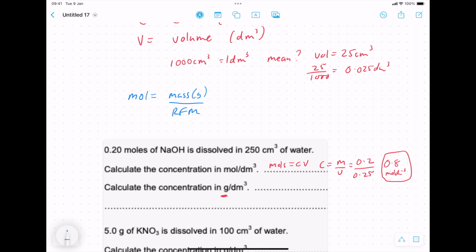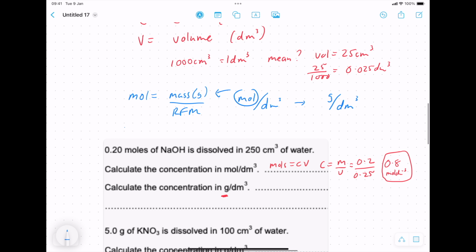So if I want to turn moles per decimeter cubed into grams per decimeter cubed, I just need to change this bit, and I change this bit using that formula. Rearranging gives me mass equals moles times RFM.